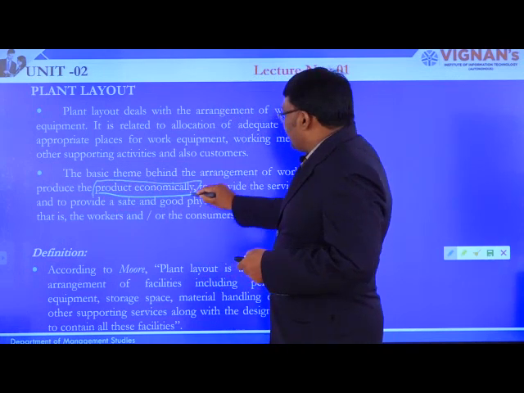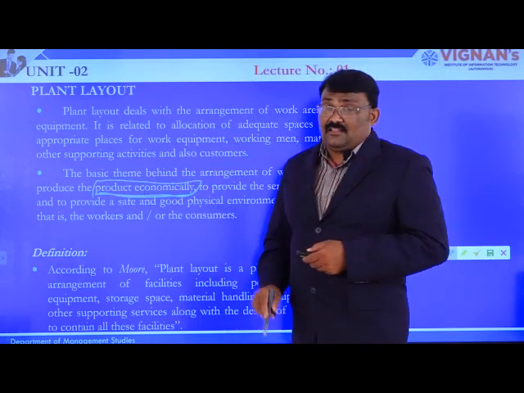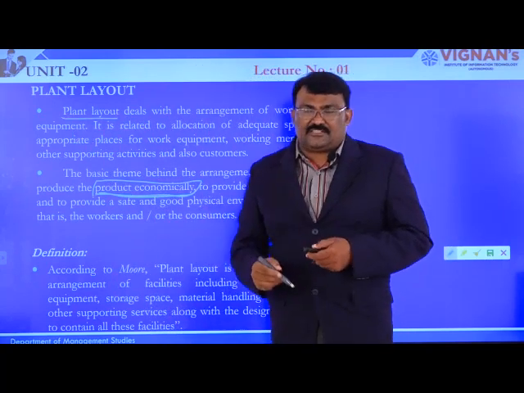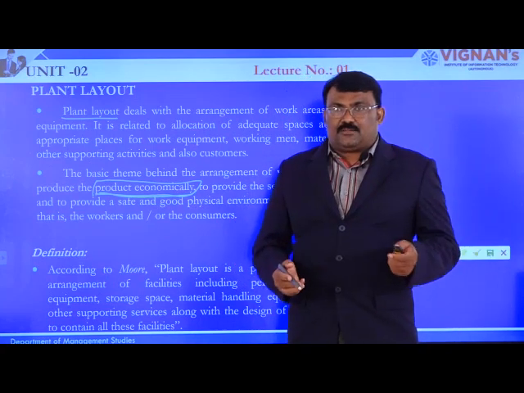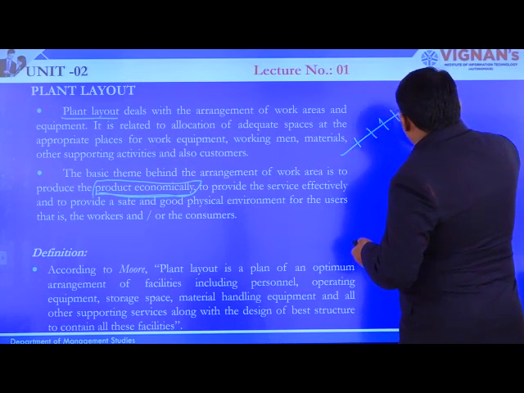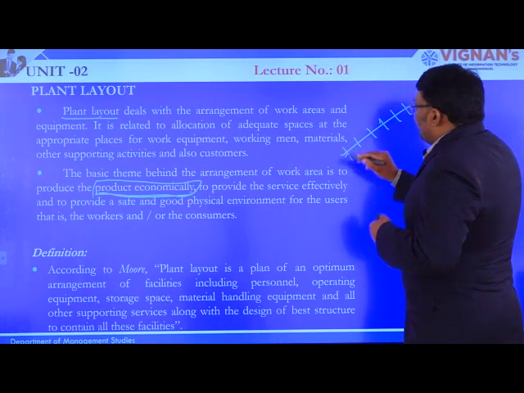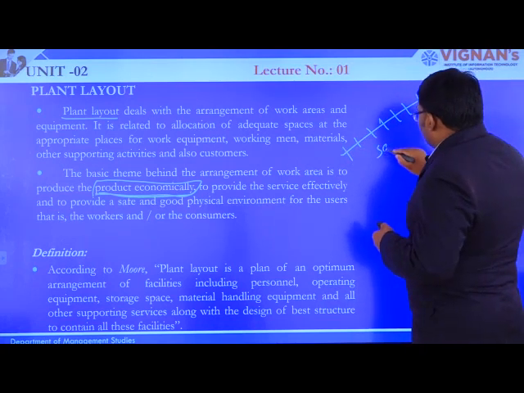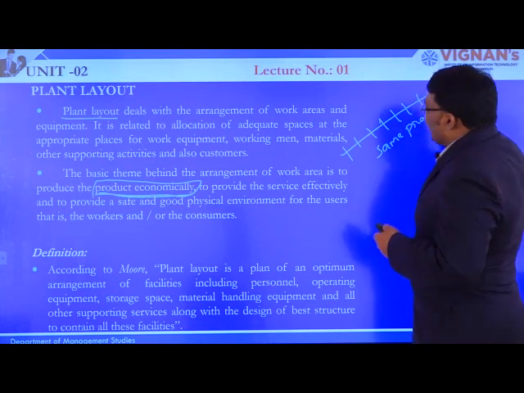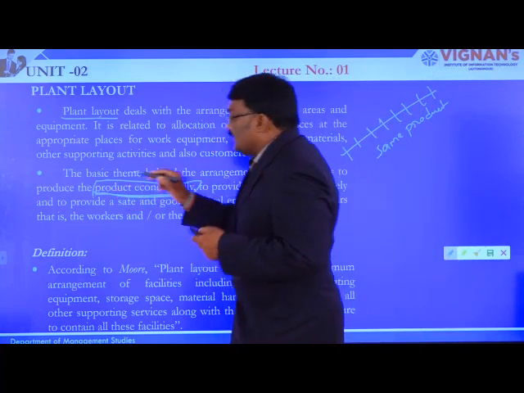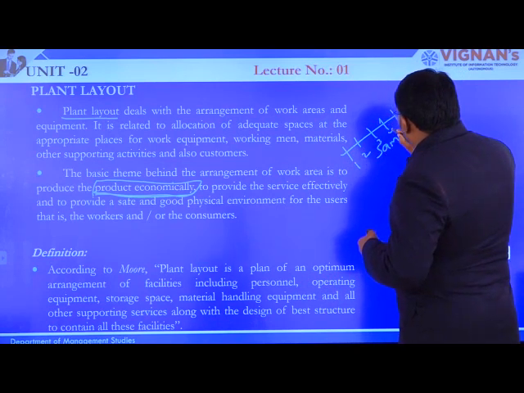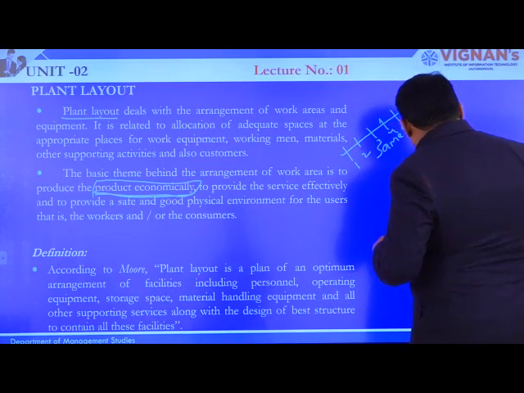The layout which we are establishing, for example, if I am applying this particular layout for regular, same product manufacturing, and you produce in this sequence, it will provide the product at the least cost. Now, suppose I am mentioning these stages 1, 2, 3, 4, 5, 6, 7 and 8.